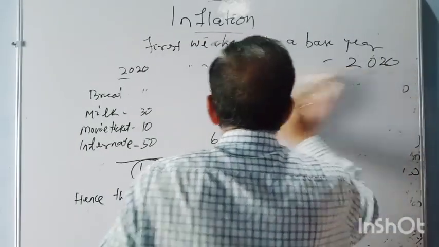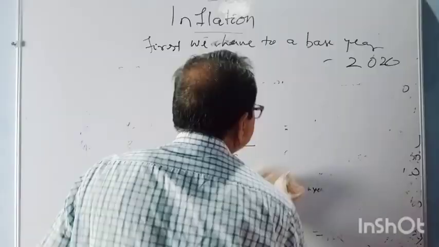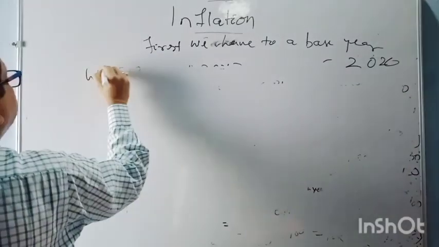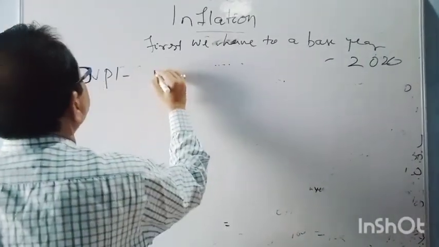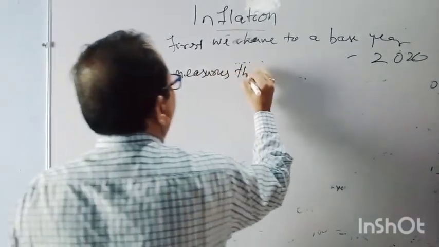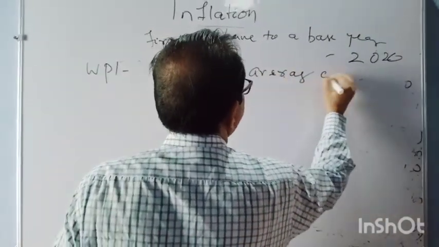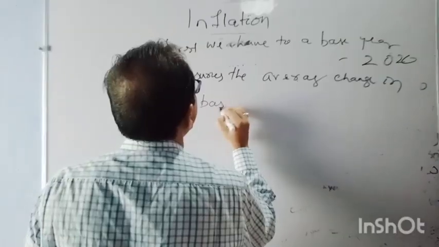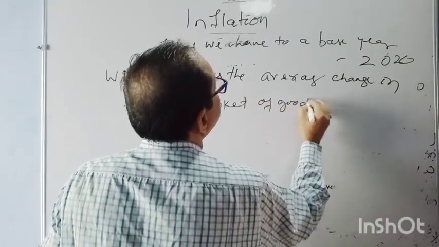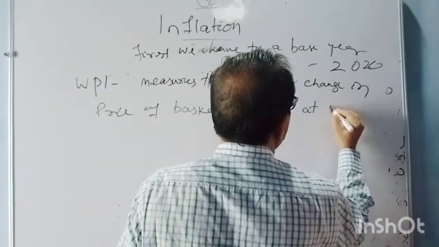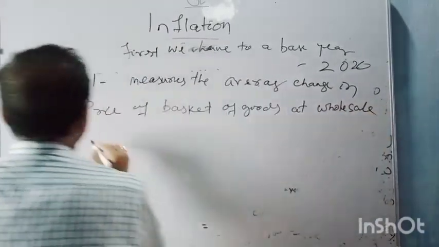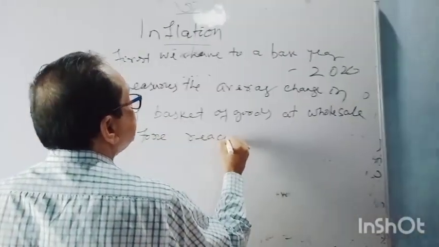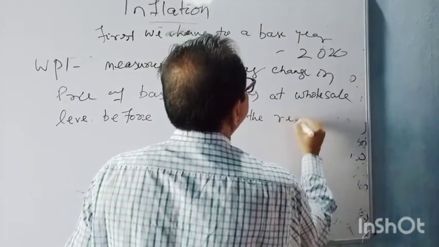Wholesale price index, WPI, measures the average change in price of a basket of goods at wholesale level, before reaching the retailers.